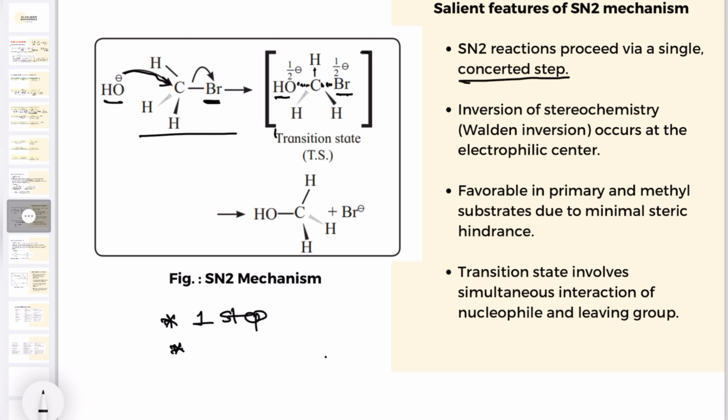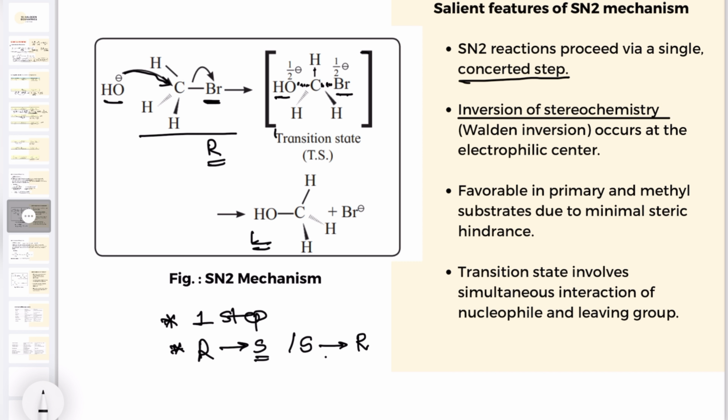If this bromine is present on the right hand side, then the incoming nucleophile in the product always goes to the left hand side. So there is inversion of stereochemistry. If we take the starting product as R configuration, it will become S in the product. If the starting product is S configuration, then we get R configuration in the product. OK, that means it is known as inversion of stereochemistry.